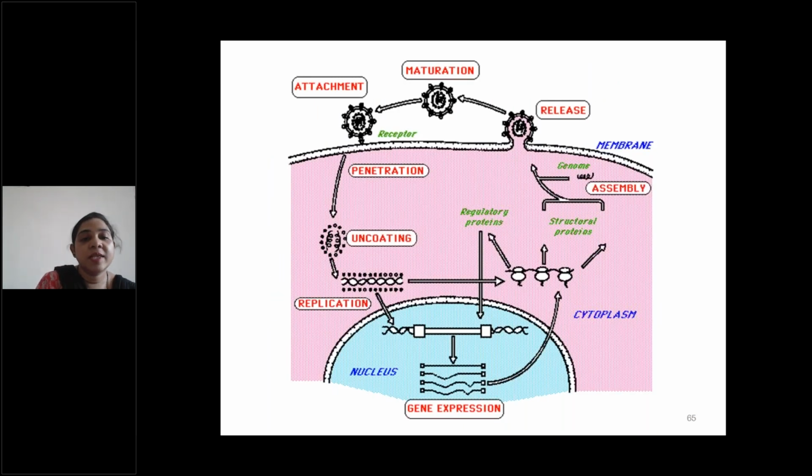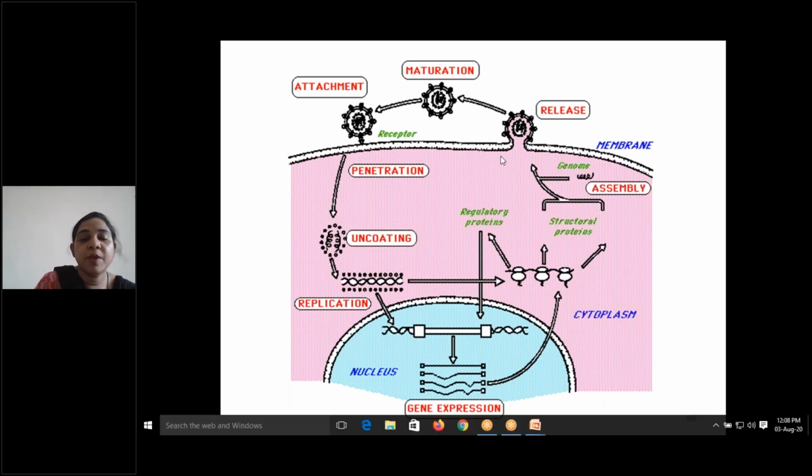Okay, now see this one. What did you understand here? First, the viruses get attached. Then, after attaching, it is penetrating. Next, after penetrating, what happens? Uncoating and release of the genetic material.